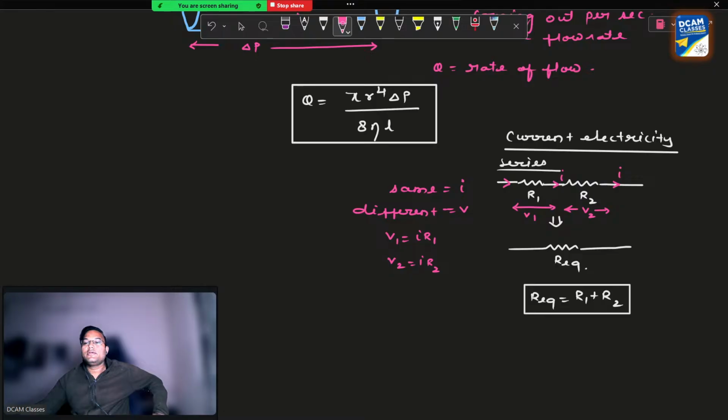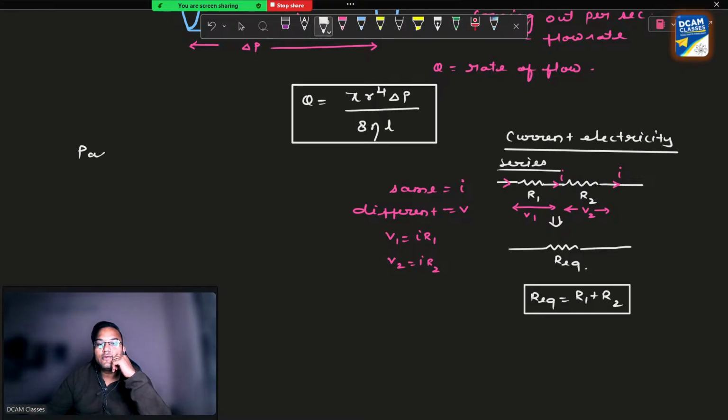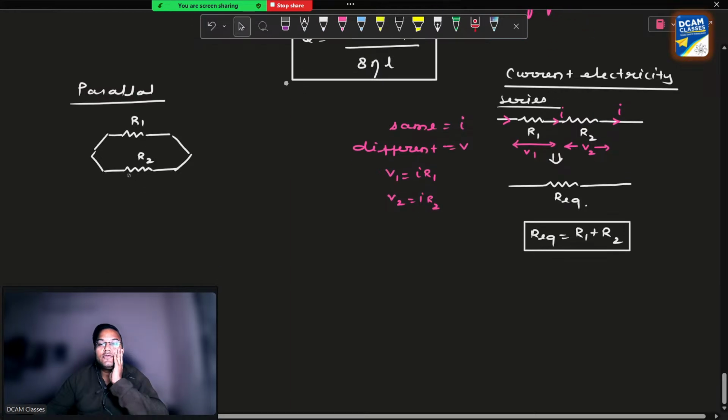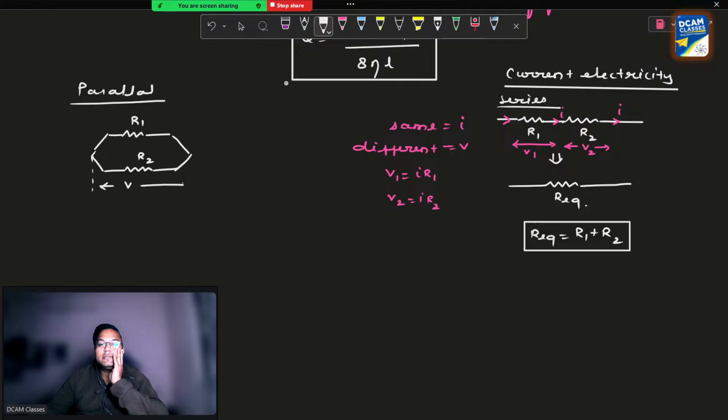And when we talk about parallel, things will be different. They have taught this in 10th class, so you must be knowing it. Parallel means this type of combination. You will now understand why I am teaching you this, because suddenly I have come from fluids to current electricity. Between these 2 points the voltage remains same.